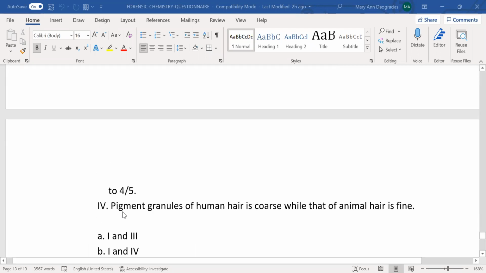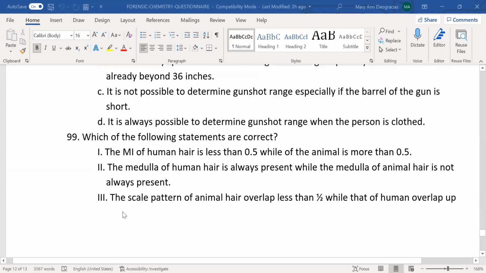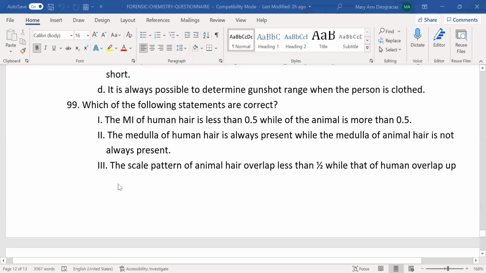Balikan natin. Number 1 is correct. Number 2, baliktad ang sagot diyan, hindi kasama. Medulla is always present in animal hair and human hair is not always present, so mali yung statement number 2.